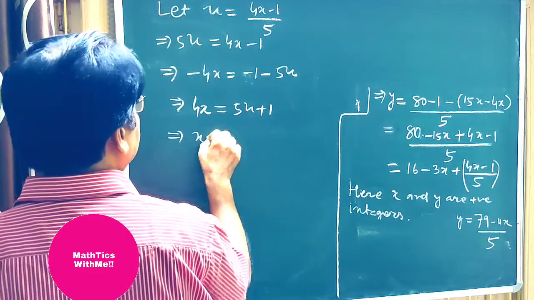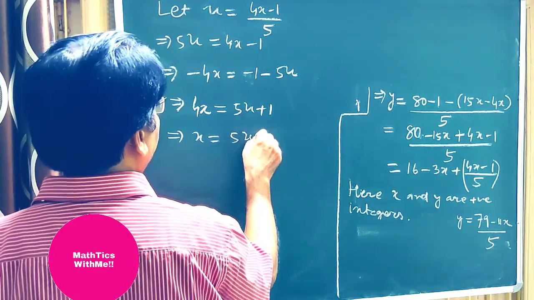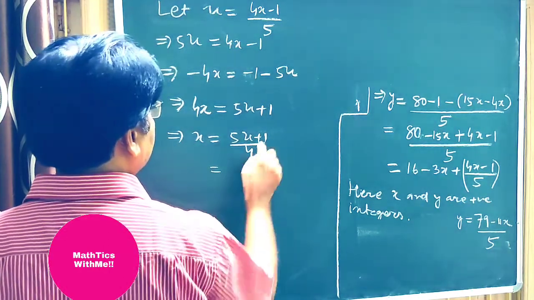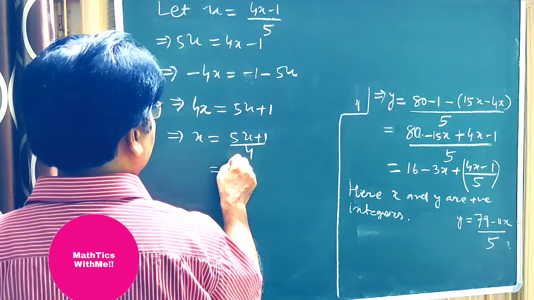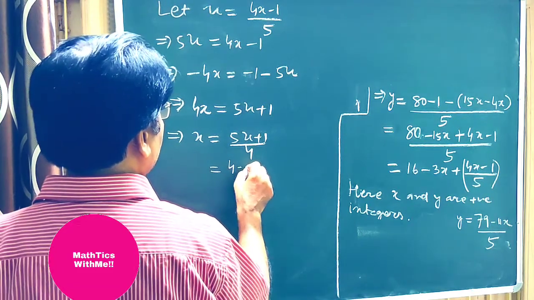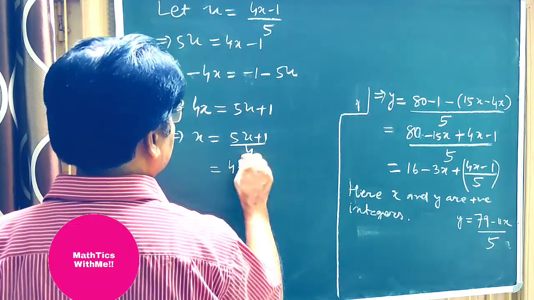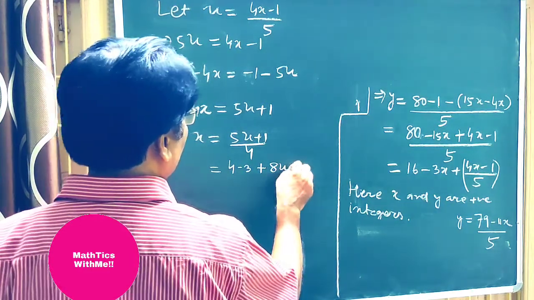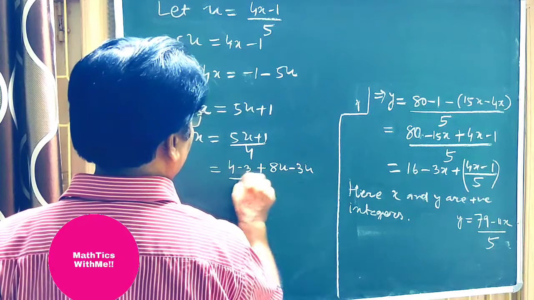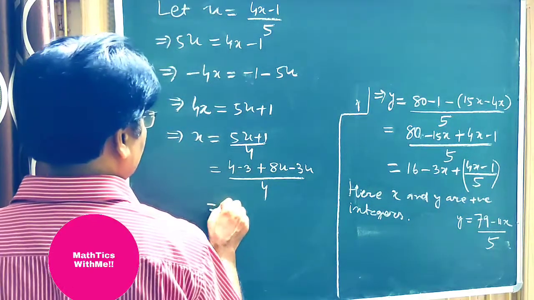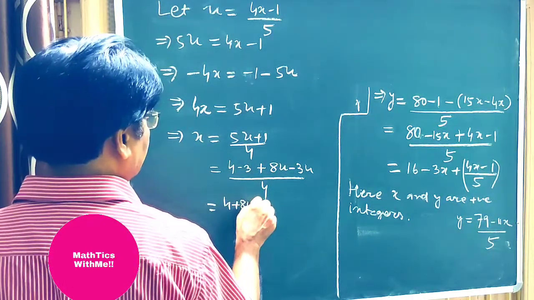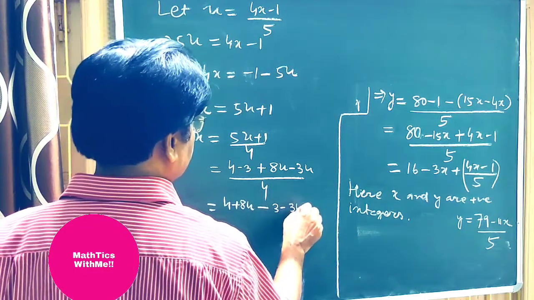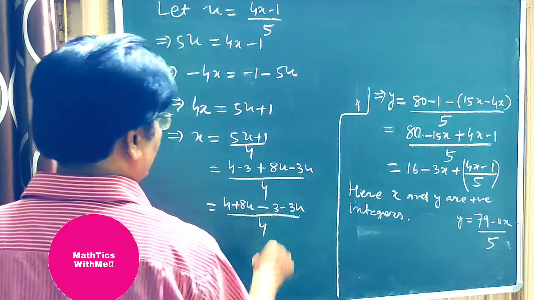Now x is equal to 5u plus 1 by 4. So we can write this 1 is equal to 4 minus 3. This will be 8u minus 3u by 4. So this is 4 plus 8u minus 3 minus 3u by 4.